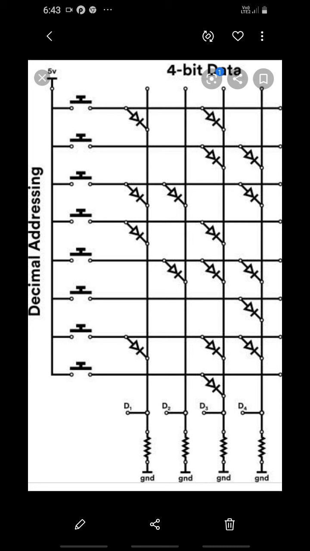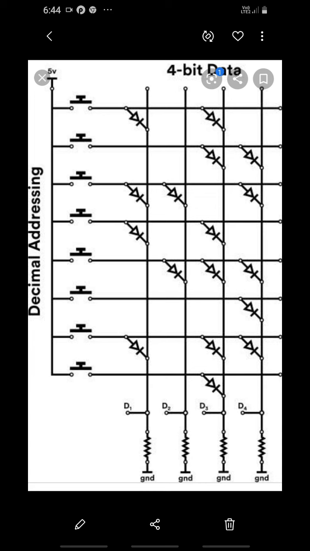So here the output of the ROM is the word D1, D2, D3 and D4. In switch position 0, meaning the first one, a high voltage turns on the diodes in the R0 register.